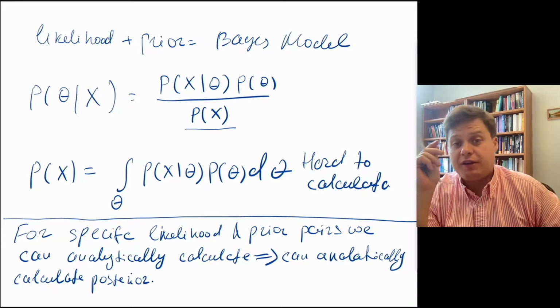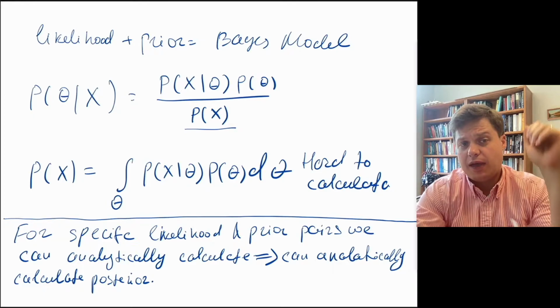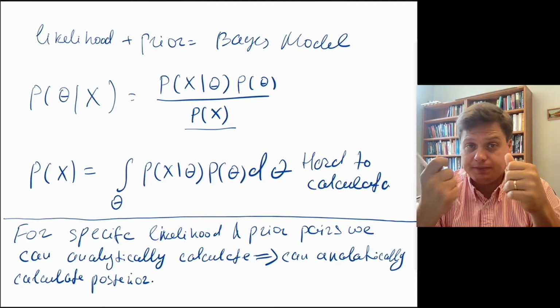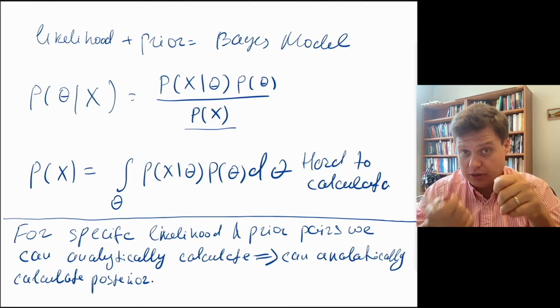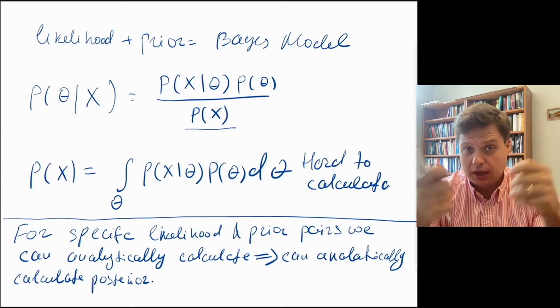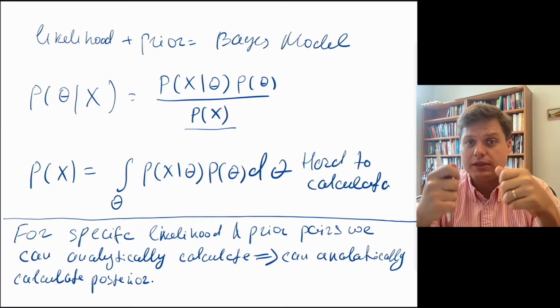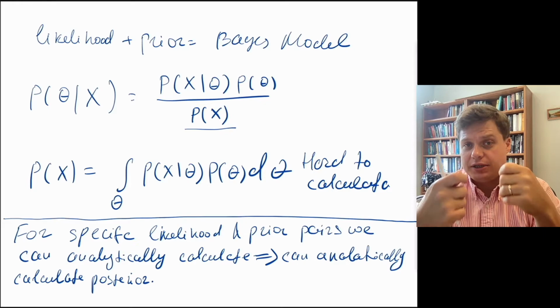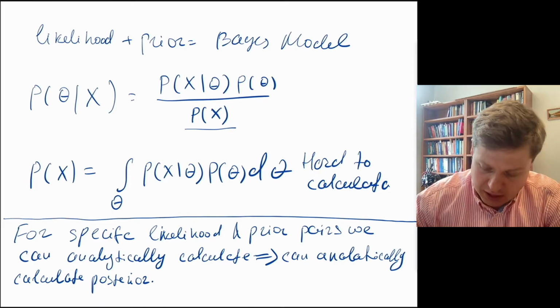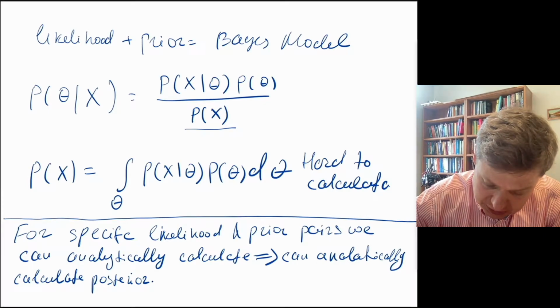So if you give me a likelihood, and there happens to be a prior for this likelihood that leads to the situation where everything can be analytically calculated, this prior is called conjugate. So in this situation we have a conjugate prior.